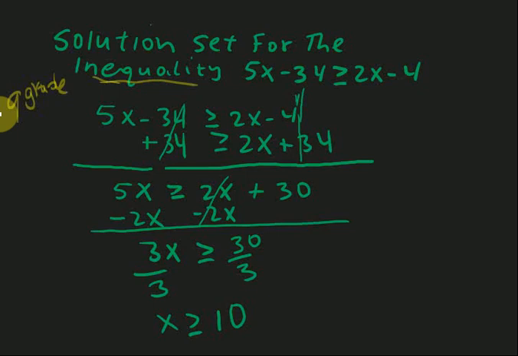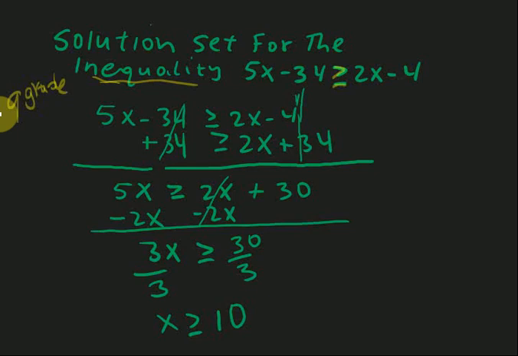5x minus 34 is either greater than or equal to 2x minus 4.